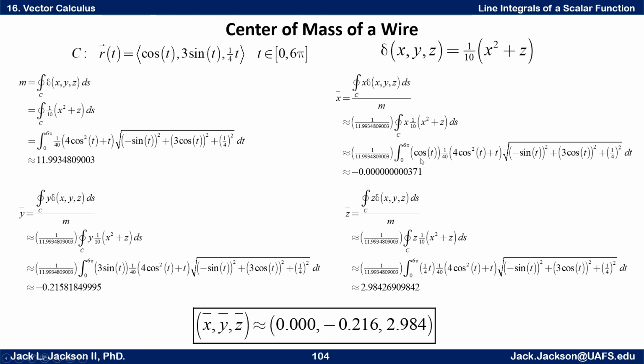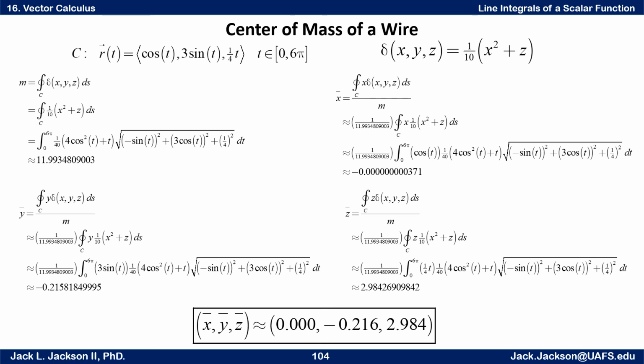Run that through the calculator, we get about negative 0.215818, etc. Okay, and similarly to find z bar, it's a z here instead. z was 1/4 t. Run that through a calculator, got about 2.984. So x bar, y bar, z bar is approximately 0.000, negative 0.216, and then positive 2.984. That's to 3 decimal places, rounded off.